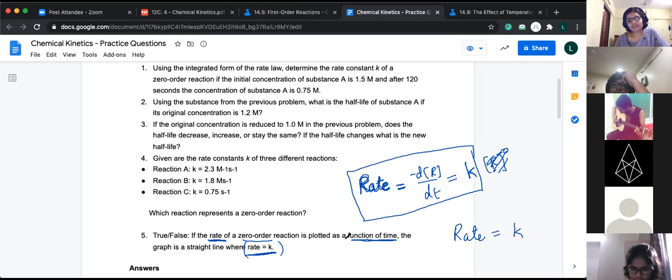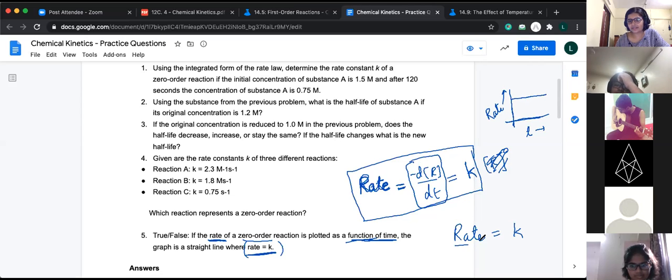If it is plotted as a function of time, what is the graph going to look like? As time passes, what will happen to the rate? It'll stay constant, like parallel to the time axis. Yes. So rate is independent of time. Concentration of the reactant is changing with time, but essentially rate is equal to the rate constant.